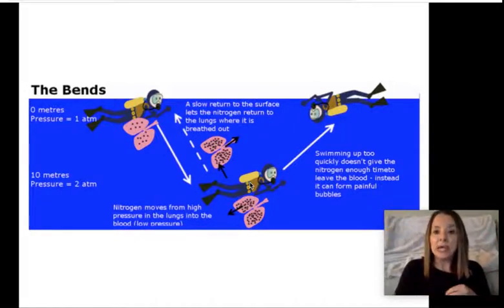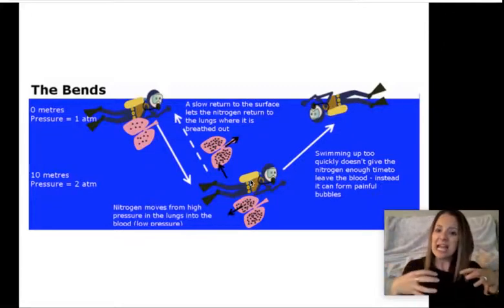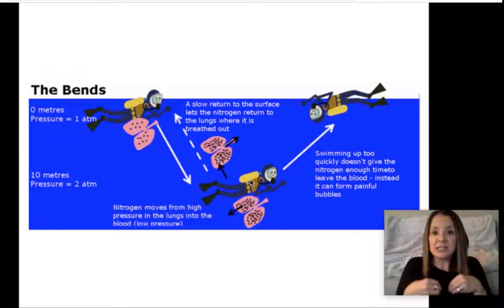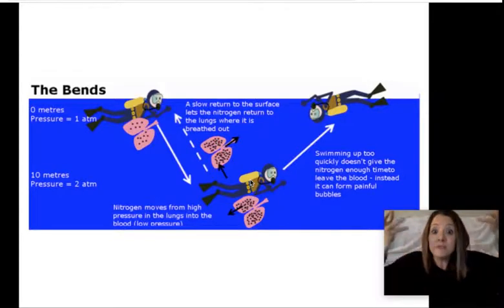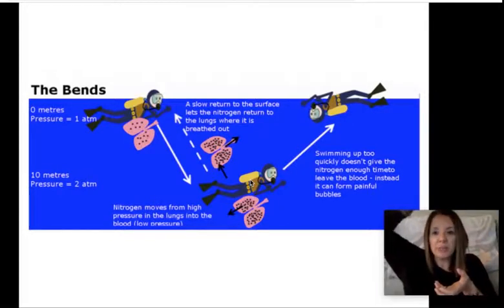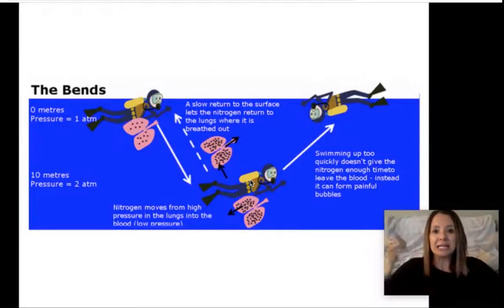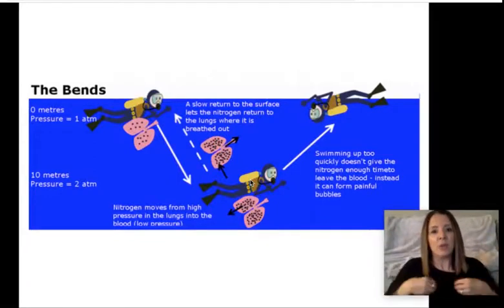And so, if this scuba diver comes up too quickly, the gases that he or she breathed in, which got forced into the circulatory system, will come out of solution. Just like unscrewing the bottle of pop, all that gas comes up and out. And then where does that go?